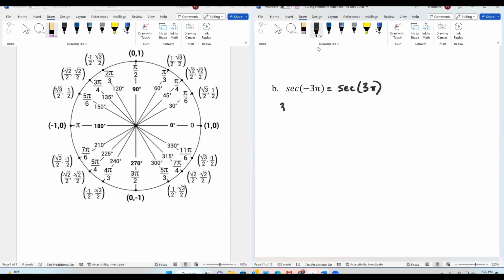You could technically do 3 pi minus 2 pi and find the secant of pi, or we could just go, here's pi, here's 2 pi, there's 3 pi, which puts me back here. And the secant's related to cosine. This is 1 over the cosine of 3 pi. And the cosine is x. So in this case, the x is negative 1. So we get negative 1.